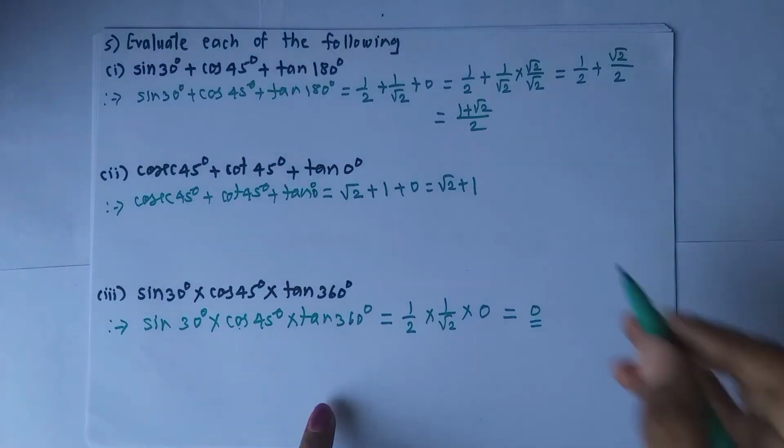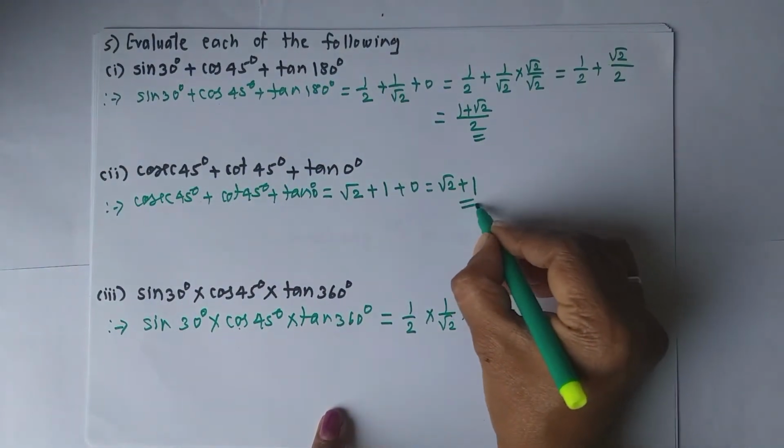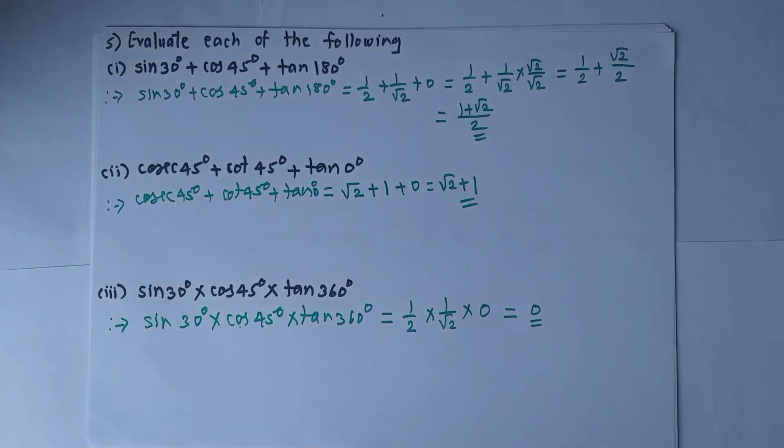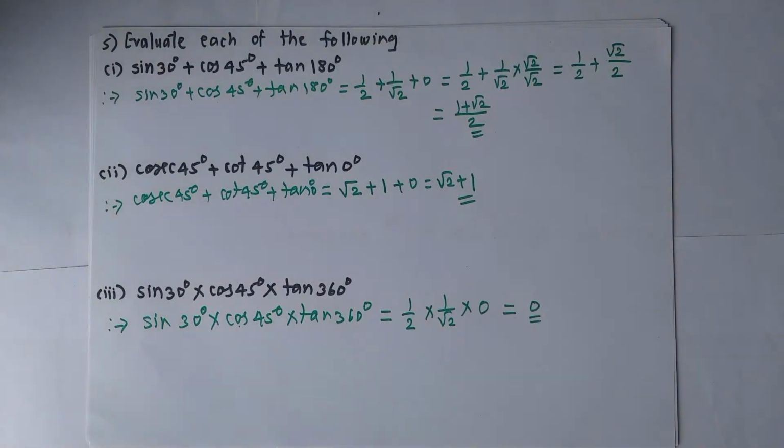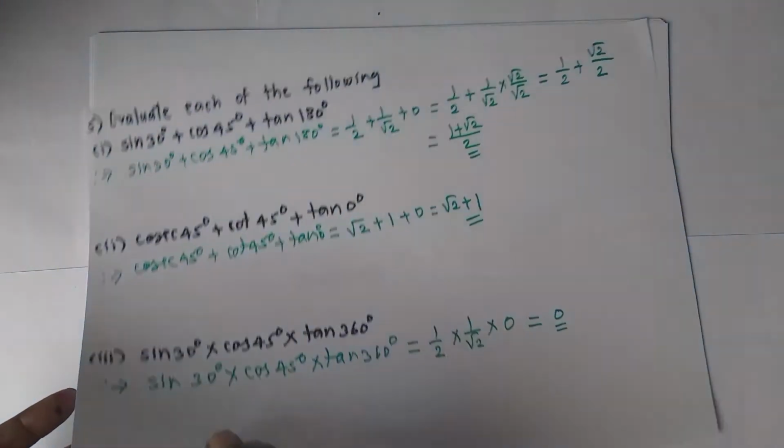In this way, if you know the table of trigonometric functions from 0 to 360 degrees, then it is very easy to find all these values. You remember only the values of sine and cos. For the values of tan, you take sine divided by cos, you will get the value of tan. And if you know sine, cos, tan, then take reciprocals of those, you will get the values of the remaining three trigonometric functions. Okay students, isn't it easy? Okay, let's proceed to the next problem.